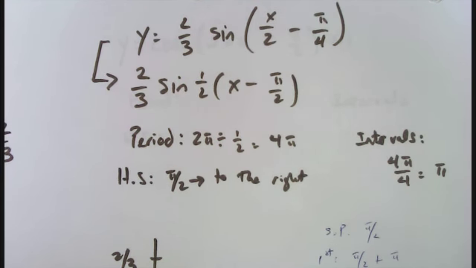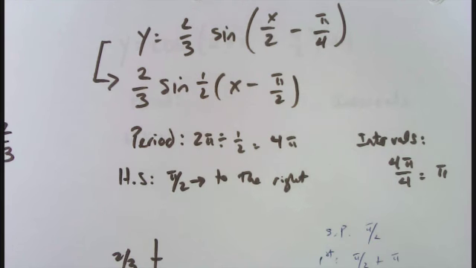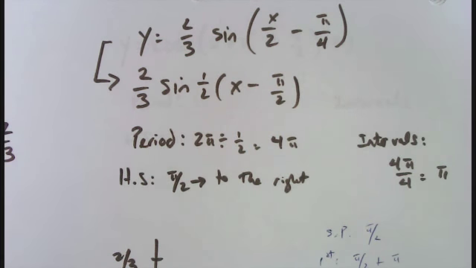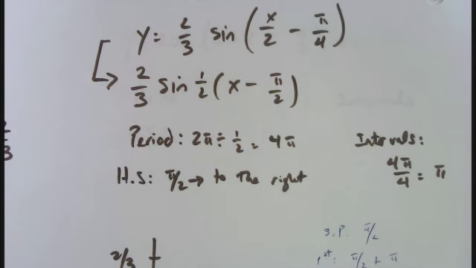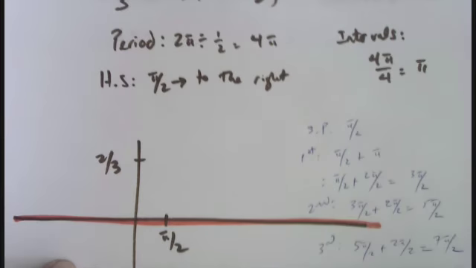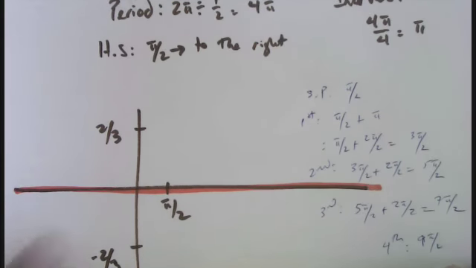That's going to be 5 pi over 2. Third, and I think we did this one before, so you may see the pattern without me having to write it. The third point will be 7 pi over 2, and the fourth point will be 9 pi over 2. So let me plot those.